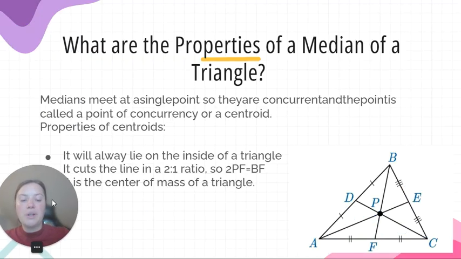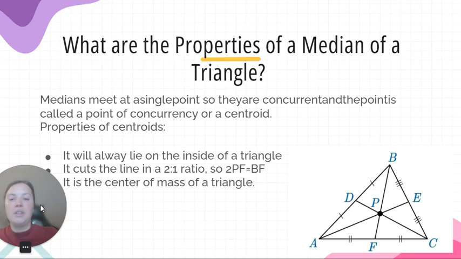More properties when we are talking about medians of triangles. Medians of triangles meet at a single point, so they are concurrent, and the point that they meet is called the point of concurrency, or also a centroid. The properties of centroids: they'll always lie on the inside. So, right, our medians are all on the inside.